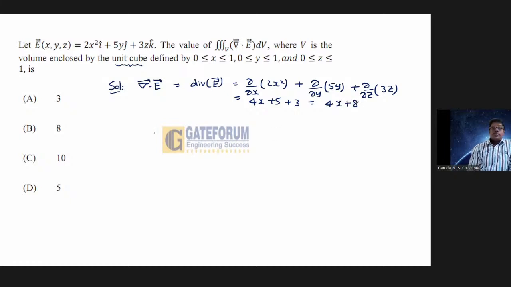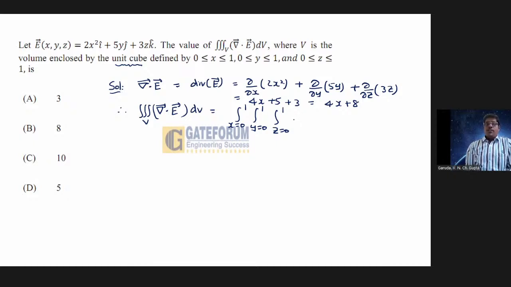Okay. So therefore, the triple integral over V of del dot E dV. dV means element volume, which can be written as dx dy dz. So this is a triple integral with x limits 0 to 1, y limits 0 to 1, z limits 0 to 1.